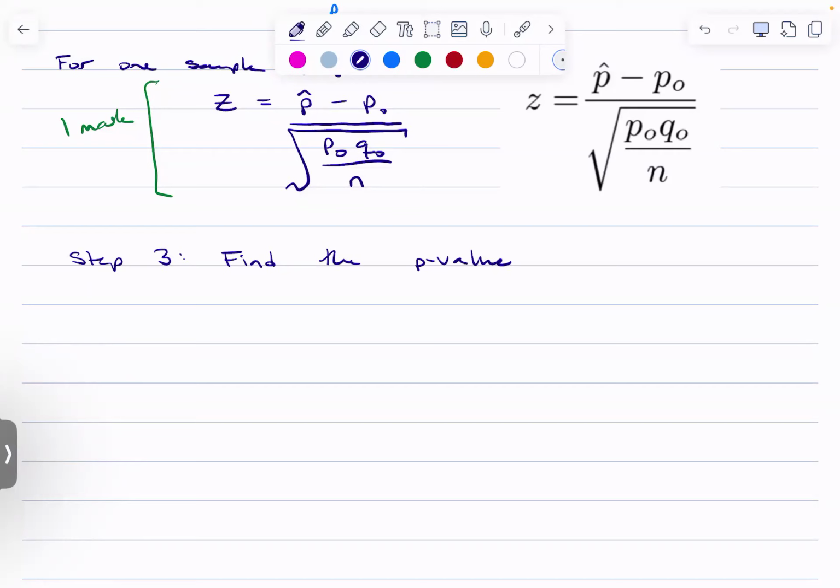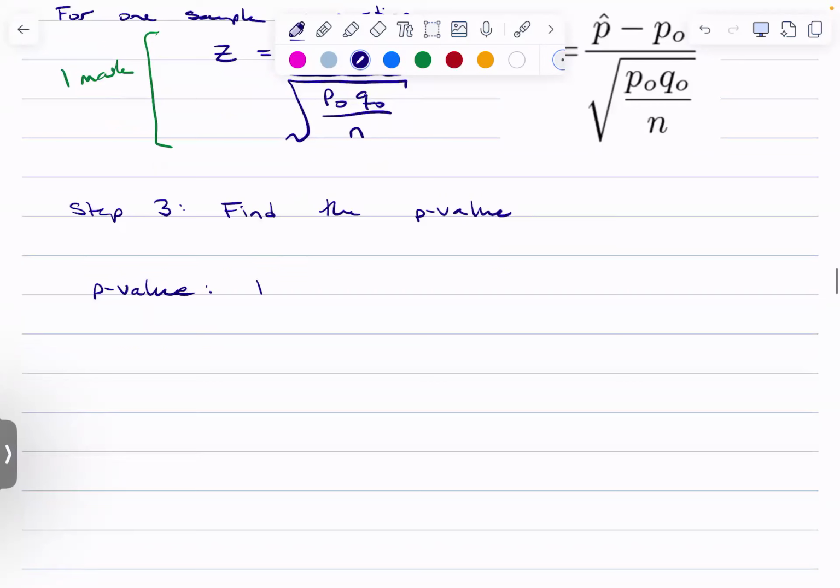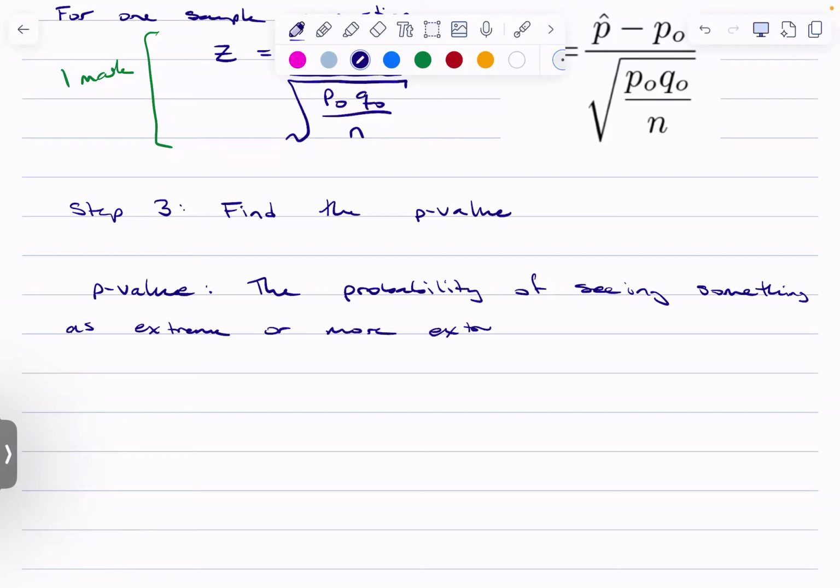The p-value, let's define it first. The p-value, and you don't need to memorize it, but it might help, is the probability of seeing something as extreme or more extreme than what we saw in our sample, assuming the null hypothesis is true.